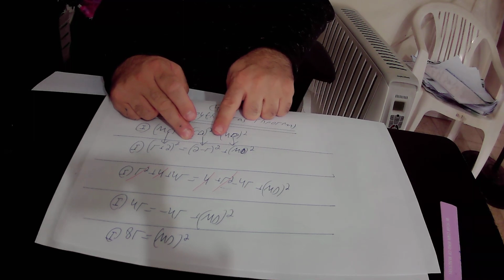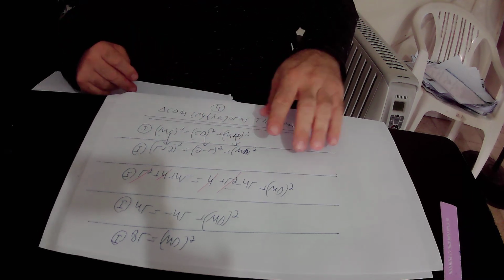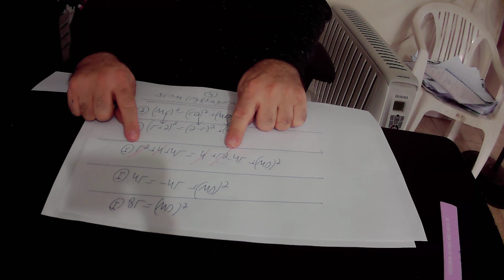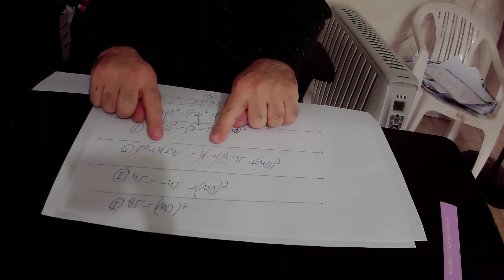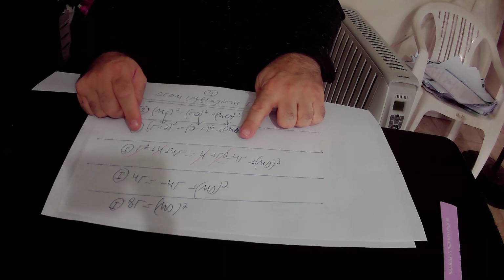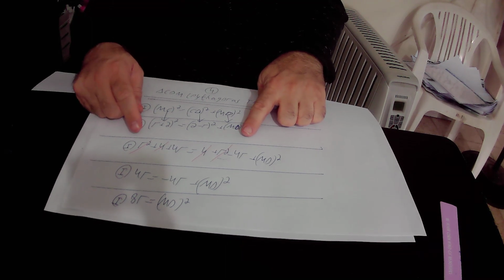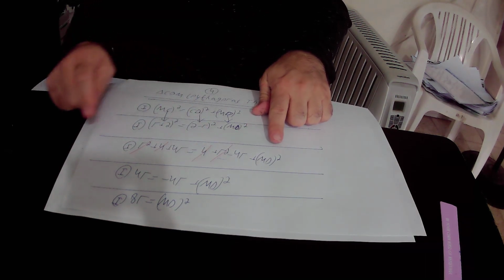2 minus R square, it is actually 4 plus R square minus 4R plus MD square. Here we have R square on both sides of equation number 1, so we subtracted R square from equation number 1, and R square is cancelled, and we have 4 on both sides of equation number 1, so 4 is also cancelled, and in total what is left after we cancel those expressions is 4R equals 4R plus MD square.